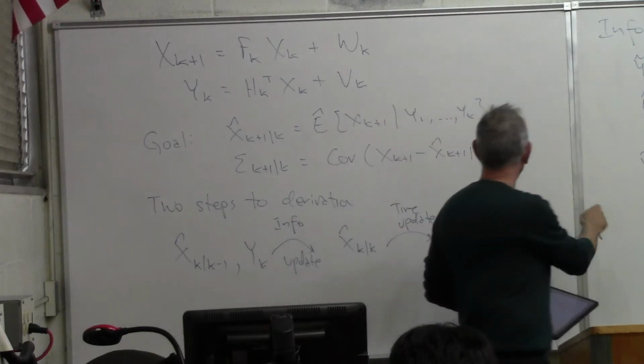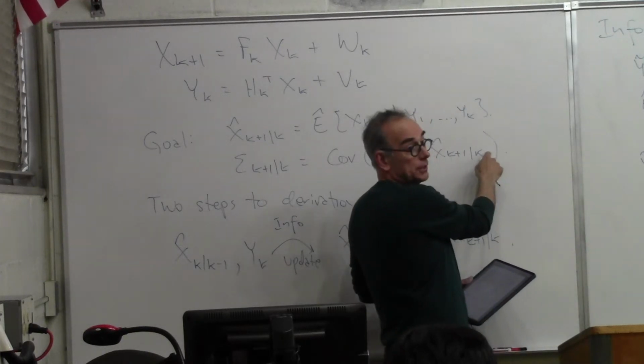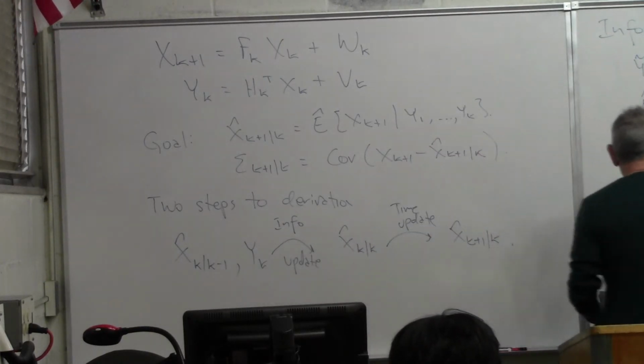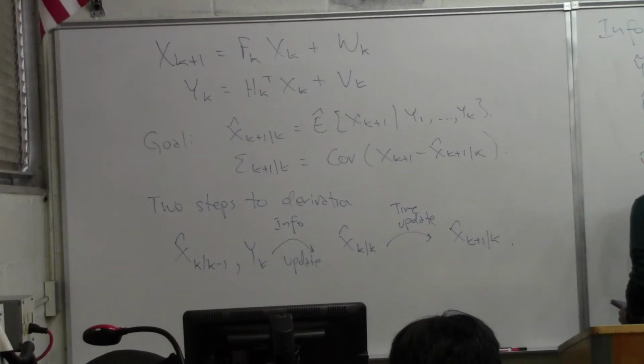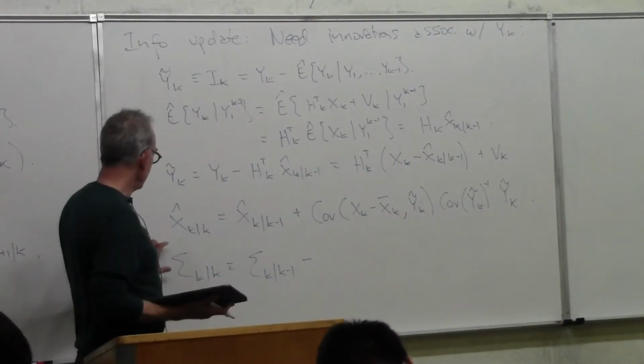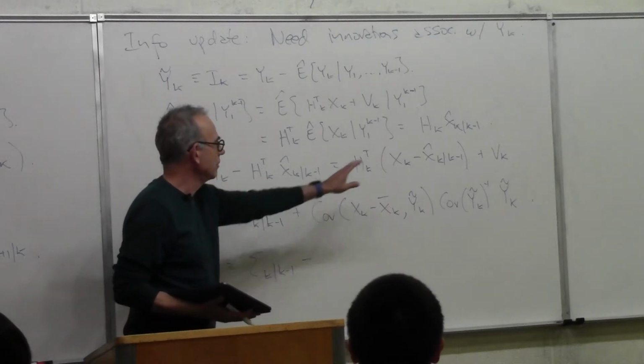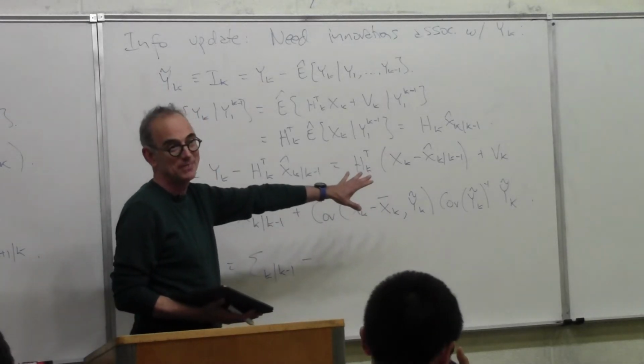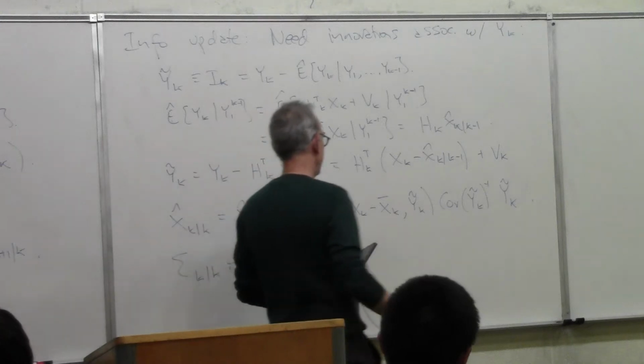We can do the same thing here with k plus 1 instead of k. If you look at that covariance matrix, what you get is the new covariance is the old covariance minus the covariance of this monster here. And what's that?